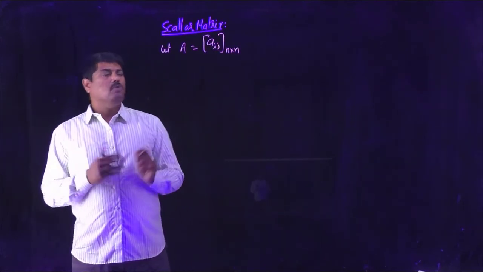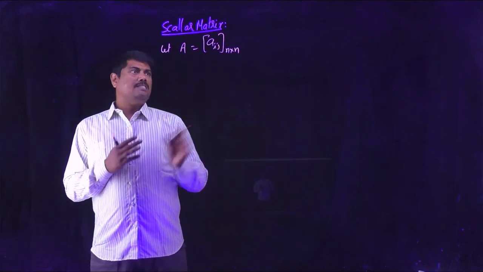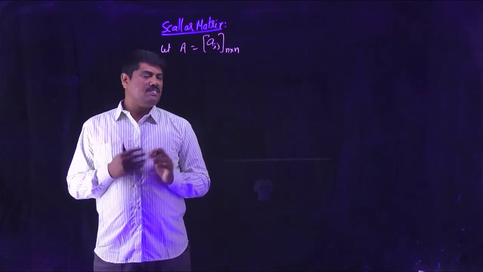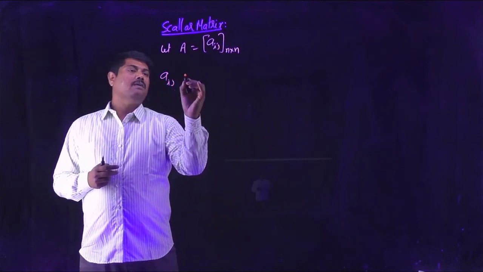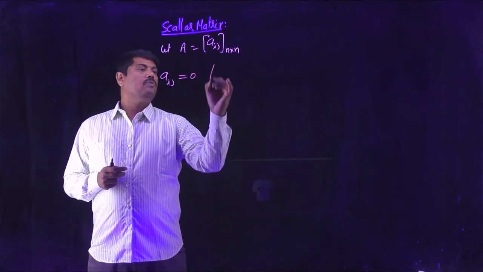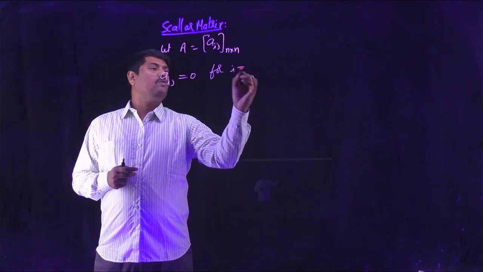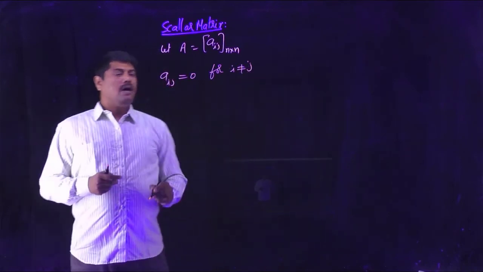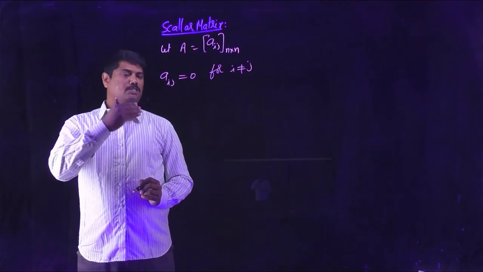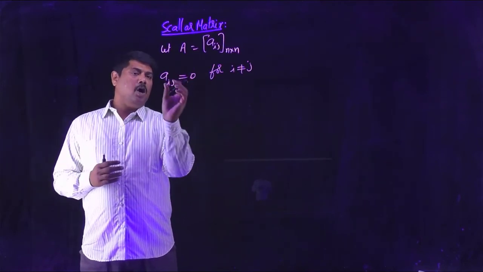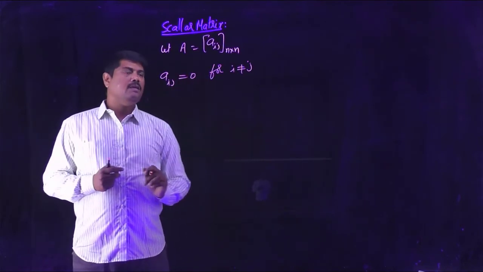So here we have two classifications of elements of a square matrix. The elements a ij are equal to 0 for i not equal to j. i not equal to j means those elements are non-principal diagonal elements, and the non-principal diagonal elements have to be 0.